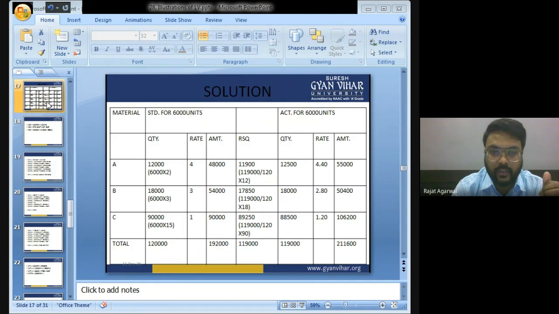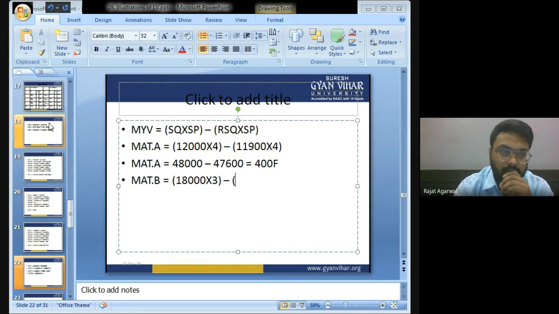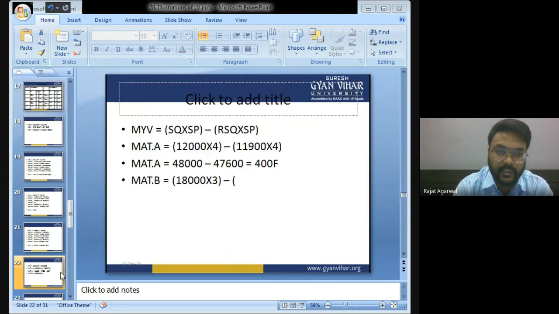Revised standard quantity of B is 17,850.